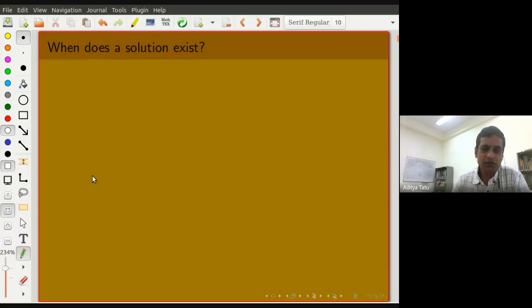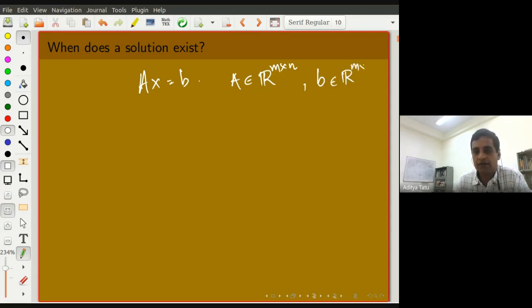Linear algebra. We were looking at this specific question: Ax equals b, and we were trying to solve for x. A was an m by n matrix containing only real numbers for now. B, the right hand side, is an m by 1 matrix or vector, and you need to find an x in Rn.